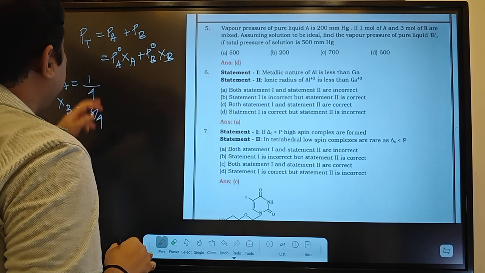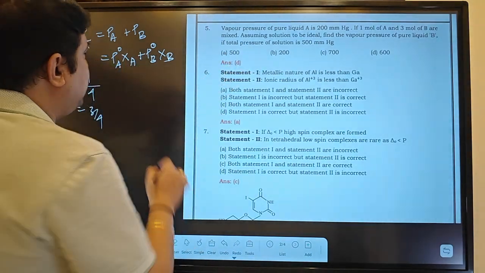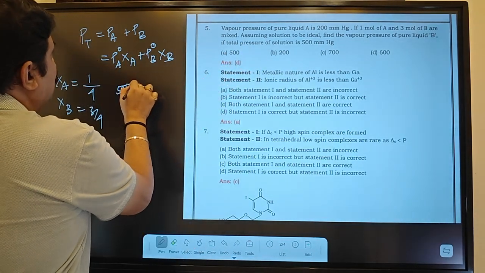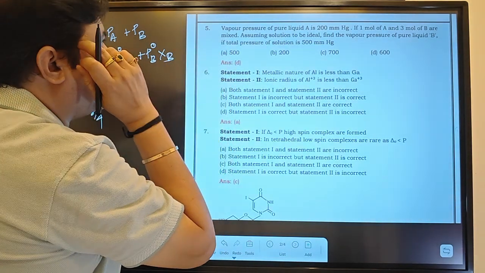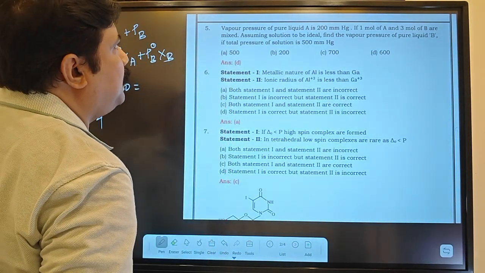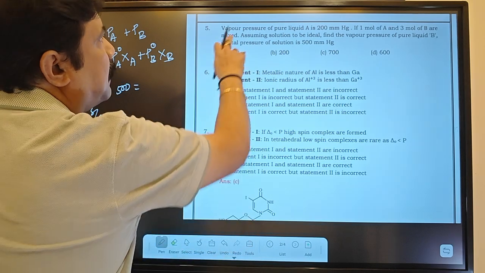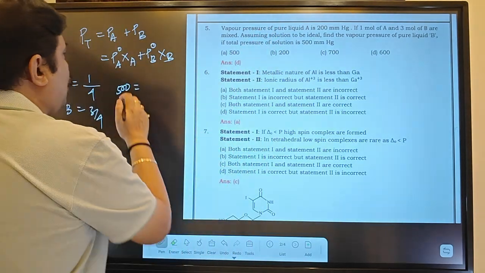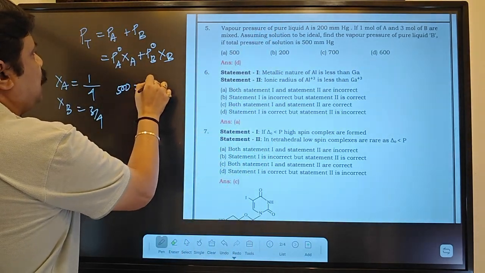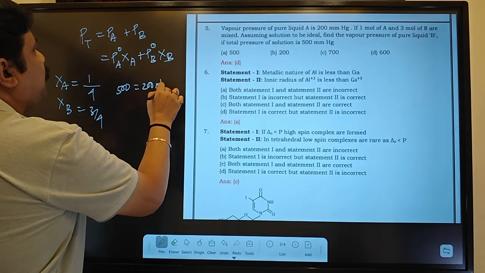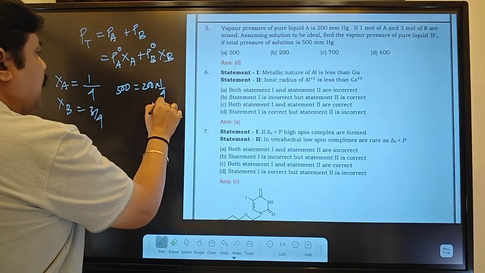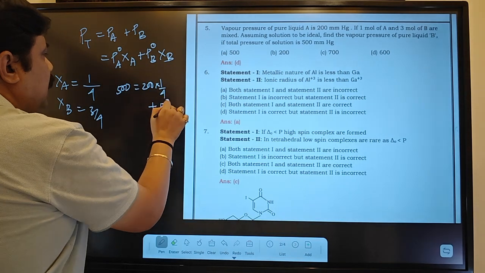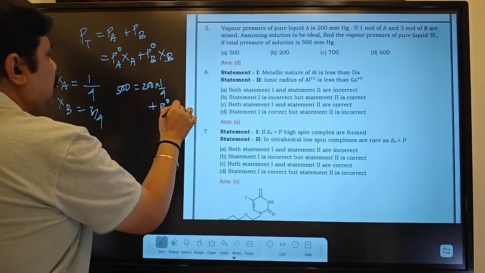So now P total, they told us, is 500, which will be equal to PA naught. They are telling us to assume ideal. The vapor pressure of pure liquid B they are asking, and the vapor pressure of pure liquid A they told us is 200, into mole fraction of A, 1 by 4, plus PB naught, which they are asking, into mole fraction of B, which is 3 by 4.